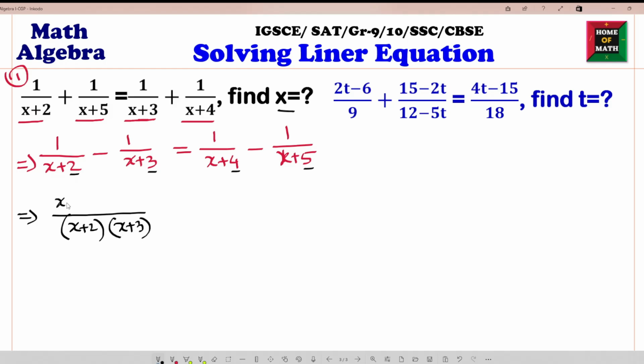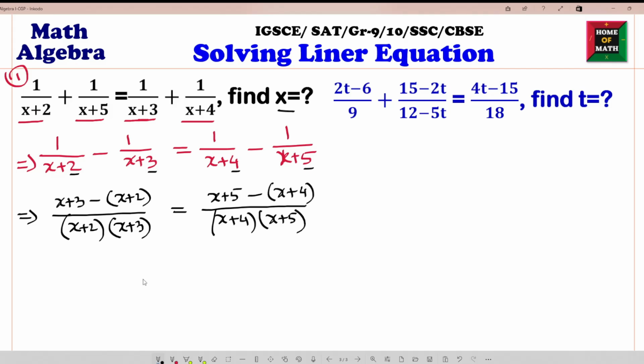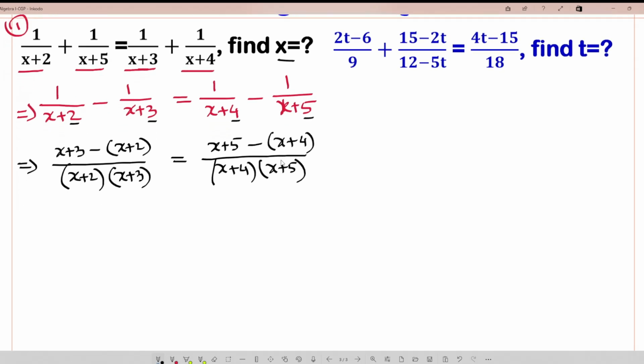So we can write here x plus 3 minus x plus 2 equal x plus 4 and x plus 5 is our LCM. So here is x plus 5 minus x plus 4.